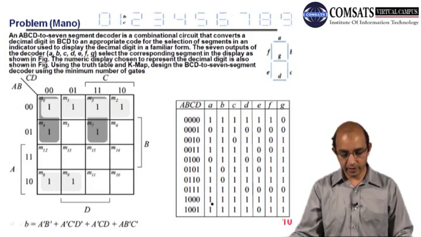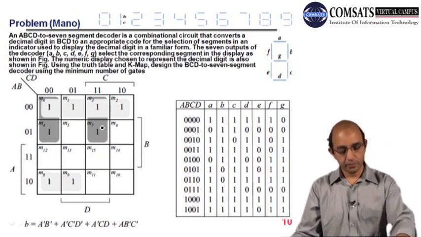So here you can see that we have 8 and 9. So we will be having this whole row, and then this pair and this pair, right? Okay, so after simplification we will be having the expression for B.